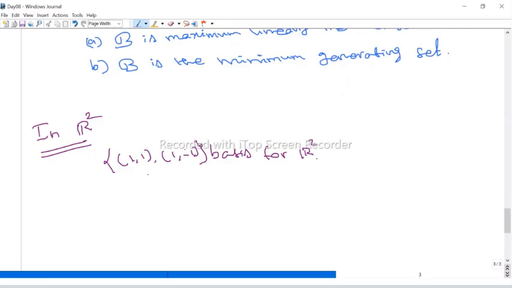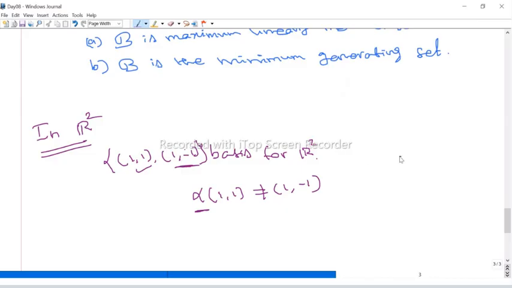It is enough to use the definition: they should be linearly independent and a spanning set. We cannot get the vector (1, -1) by multiplying (1, 1) by a scalar. We cannot find any alpha such that alpha times (1, 1) equals (1, -1). Therefore, these two vectors are linearly independent.